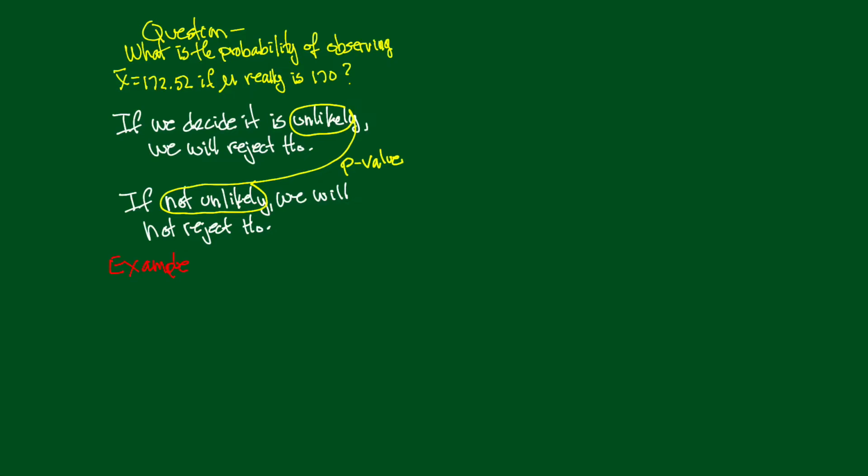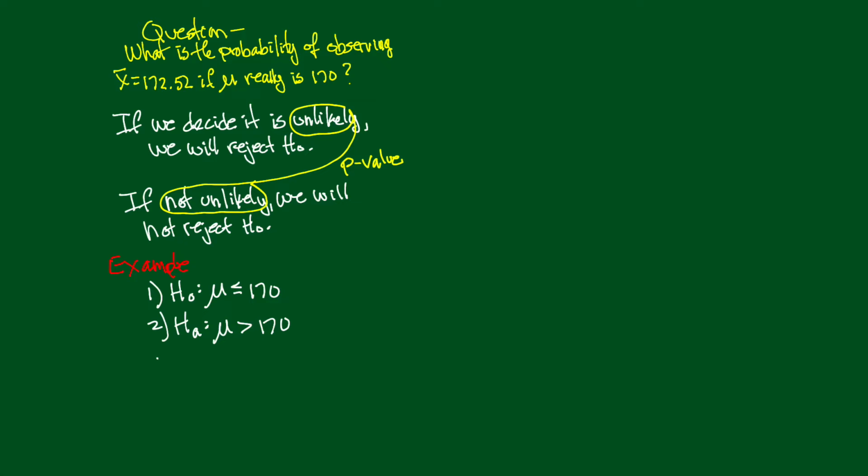So let's take a look at an example. We'll just continue our example and talk about the p-value as we do this. So here's what we have so far. Step 1, we have that H naught states that mu is less than or equal to 170. Step 2 was our alternate hypothesis that the mean has now increased, is greater than 170.